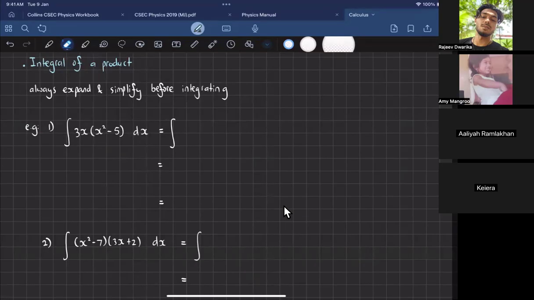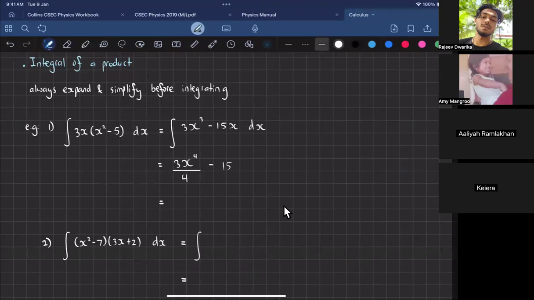Aliyah, how is the expansion going? I get 3x cubed minus 15x. That's correct. 3x cubed minus 15x, and what do you do next? Well, now we're going to integrate. So that's 3x to the power 4 over 4 minus 15x squared over 2 plus c.